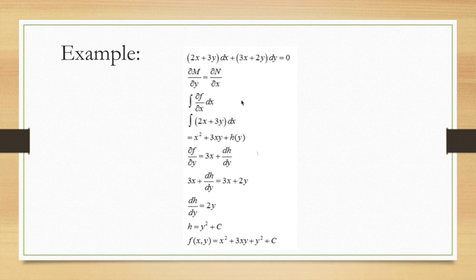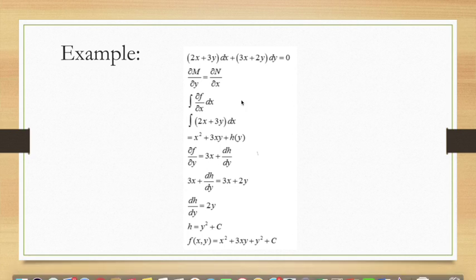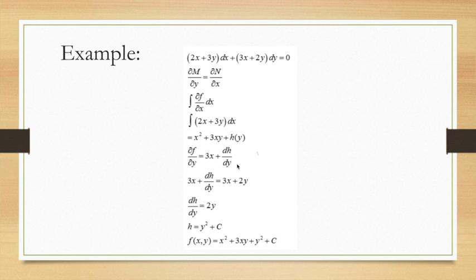Then we get the integration of (2x + 3y) dx. After we integrate it, we get x squared plus 3yx plus h of y. After that, we differentiate this with respect to y.